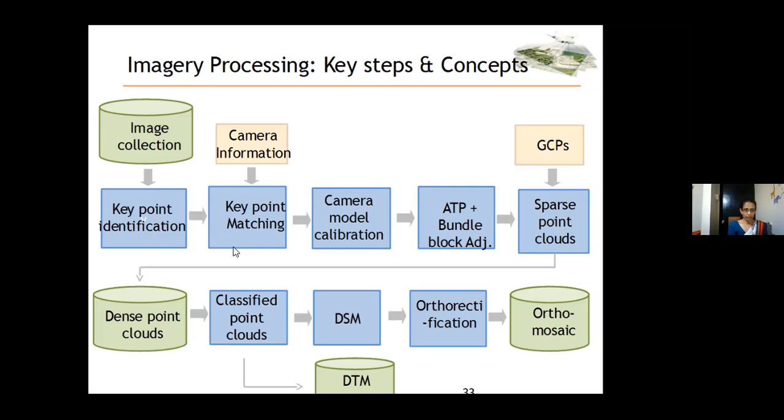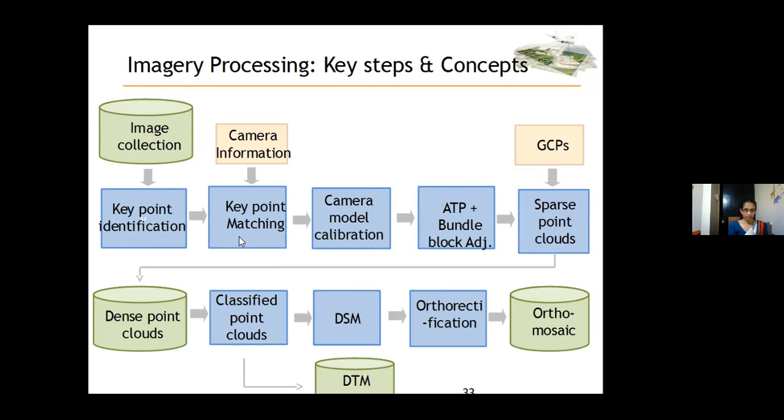Drone images are also processed using the same techniques of photogrammetry. The processing scheme is broadly divided into several sections, as you can see in this flow chart. The first step is key point extraction, and the second step is image matching.